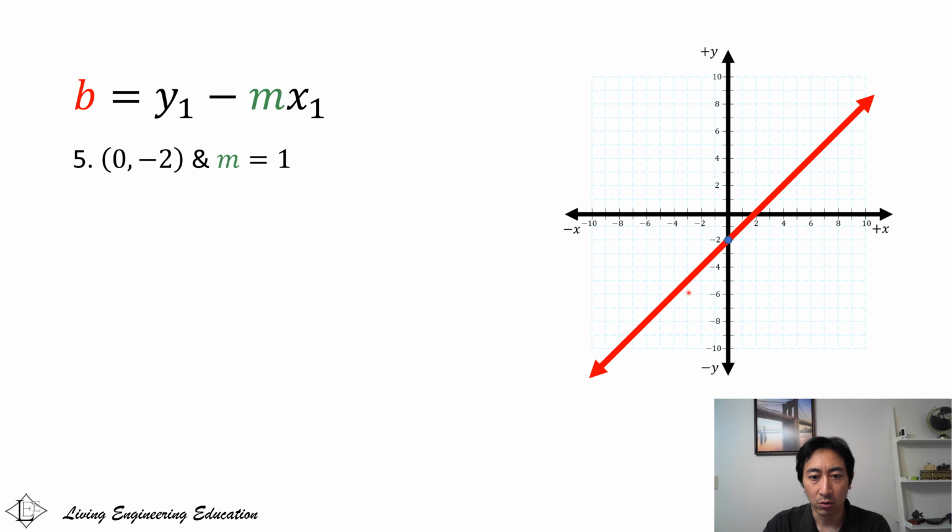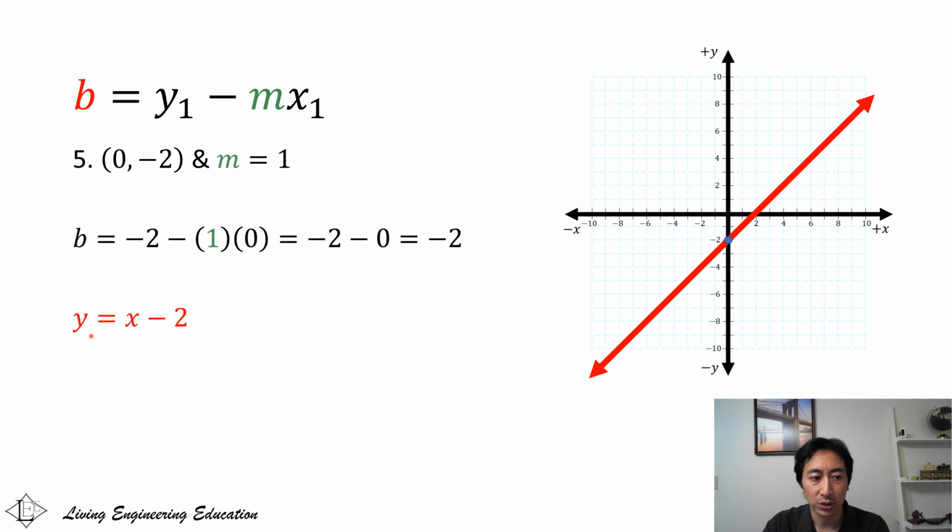So if I draw a line across it, I already know without doing any solving that my y-intercept is -2 because we're given it. If I wanted to work it out on my own just to verify, you plug in -2 minus whatever the slope is, in this case 1, times x1, but because this is our y-intercept already, that is going to drop out. So it's just going to be b is equal to my y1 value, which makes sense.